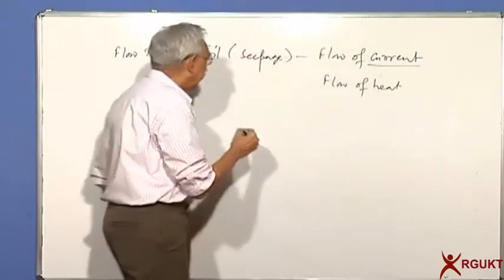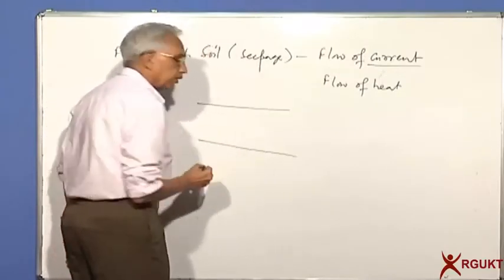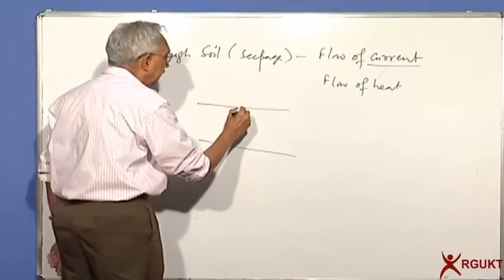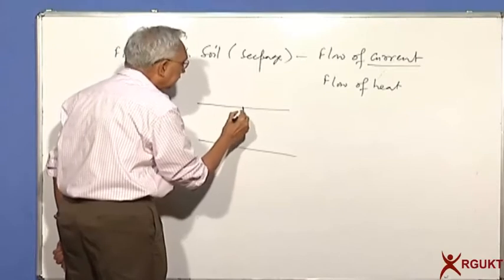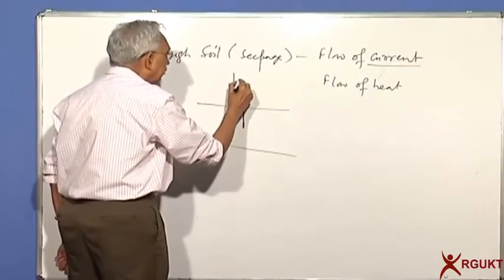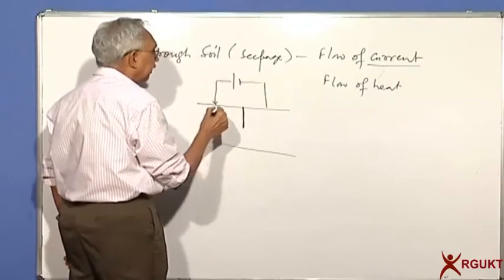You take a conducting medium, let's say I take a copper sheet, and if I want to simulate the cutoff, I simply tear it or use scissors to cut it so that there is a small gap here. And then I'll take a battery and connect it here.